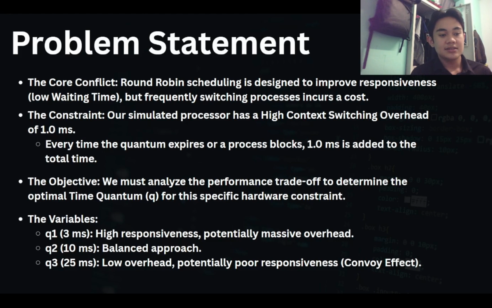We also generated synthetic processes with random arrival and burst times to see which quantum size is truly the optimal choice for this specific processor. Now I will pass to Gabriel to explain the methodology and implementation, as in how we built the system.